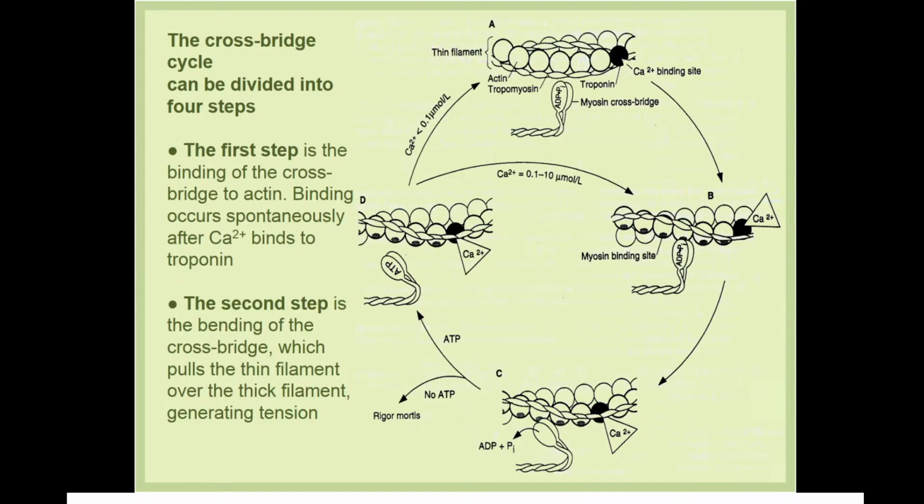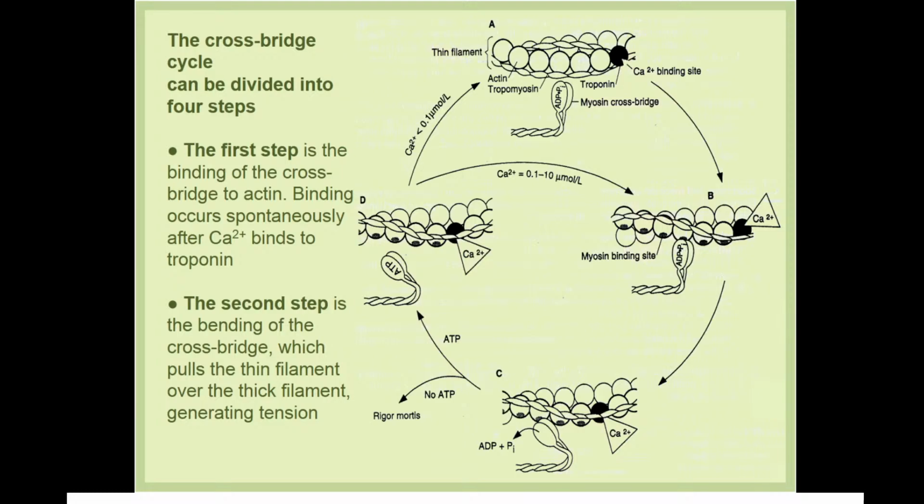The second step is the bending of the cross bridge, which pulls the thin filament over the thick filament, generating tension. The energy used to bend the cross bridge is generated when ATP is hydrolyzed.